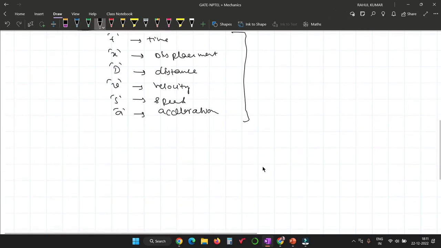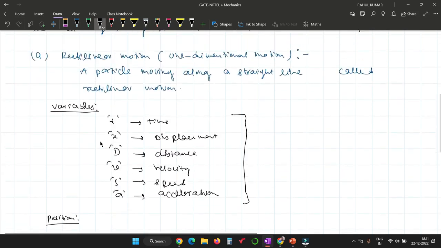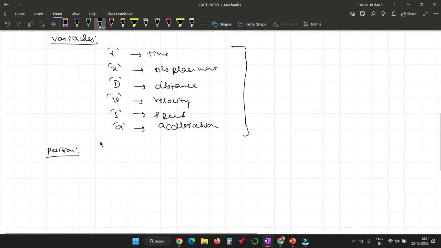Okay, so first let's discuss position. Tell me what is position? I'm talking about rectilinear motion.